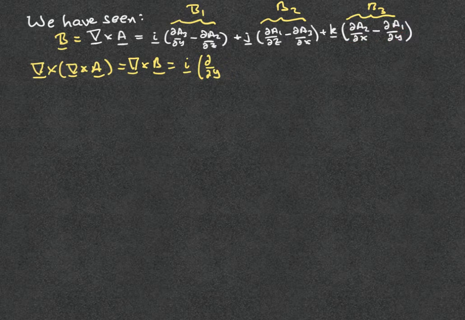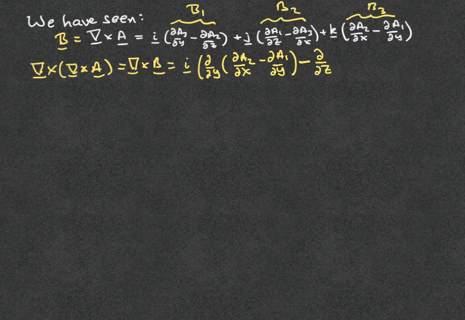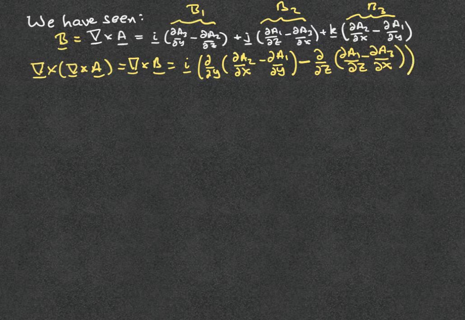So it is d by dy acting upon dA2 dx minus dA1 dy, minus, and now it's d by dz, and instead of writing A2 we write B2, and B2 we know is this, so it is dA1 dz minus dA3 dx, close brackets, close the big brackets at the end.